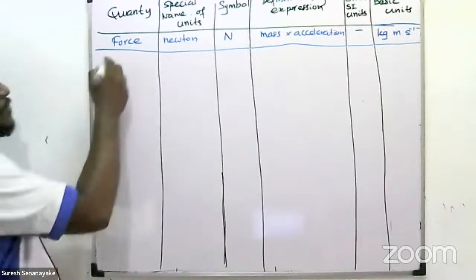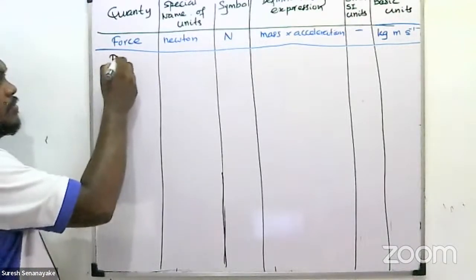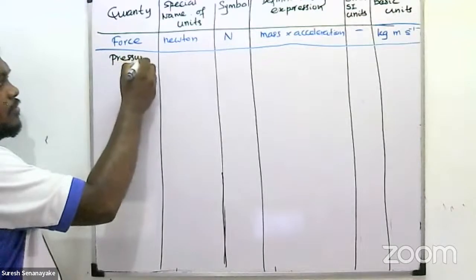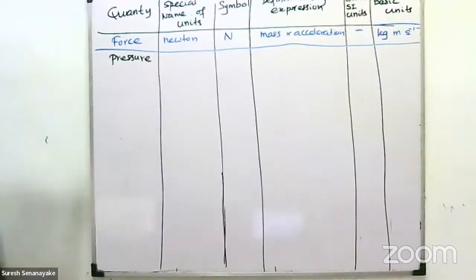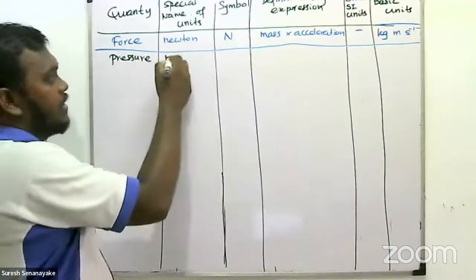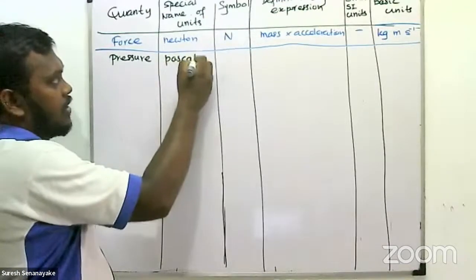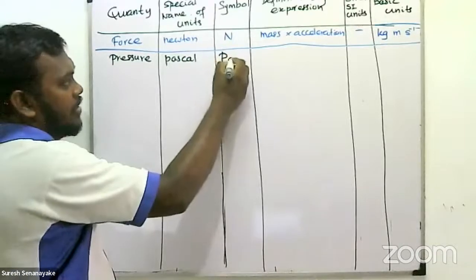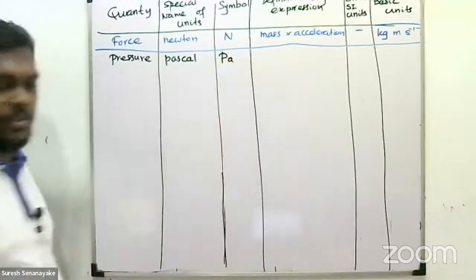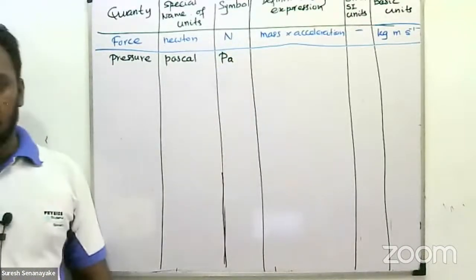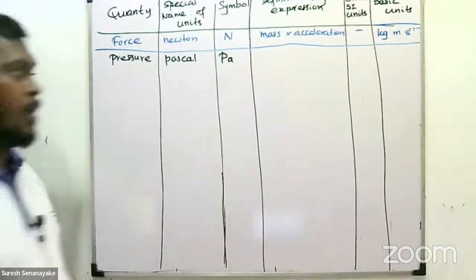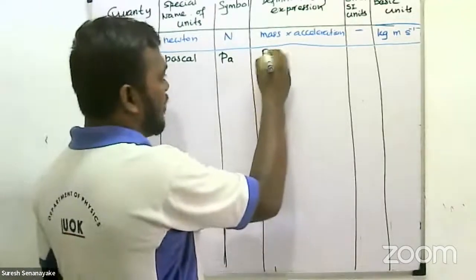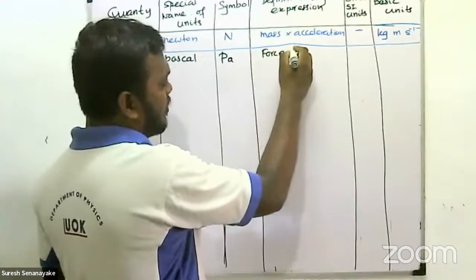So it's a pressure. Pascal is the special name of the unit. That is Pa; here we use the second letter also. So its definition is the force divided by the area.